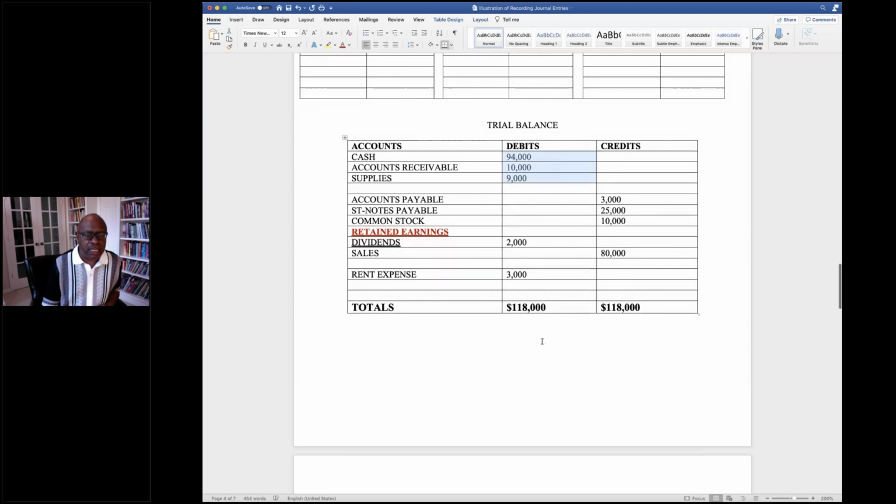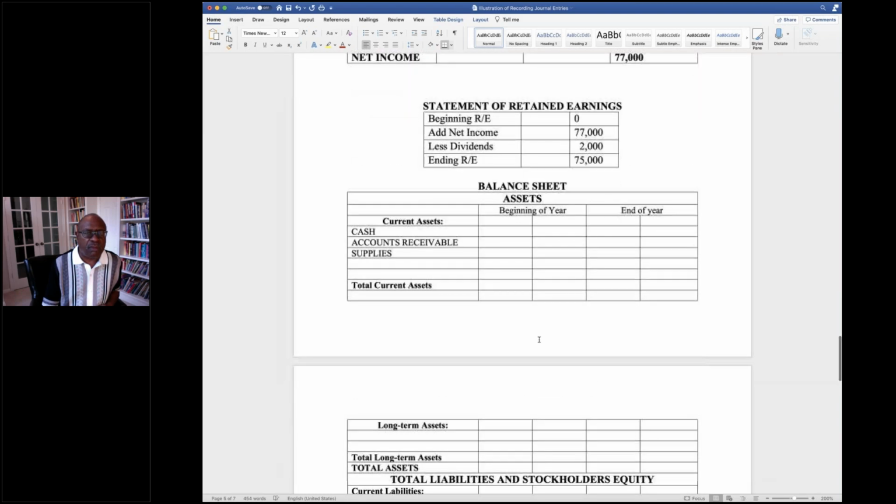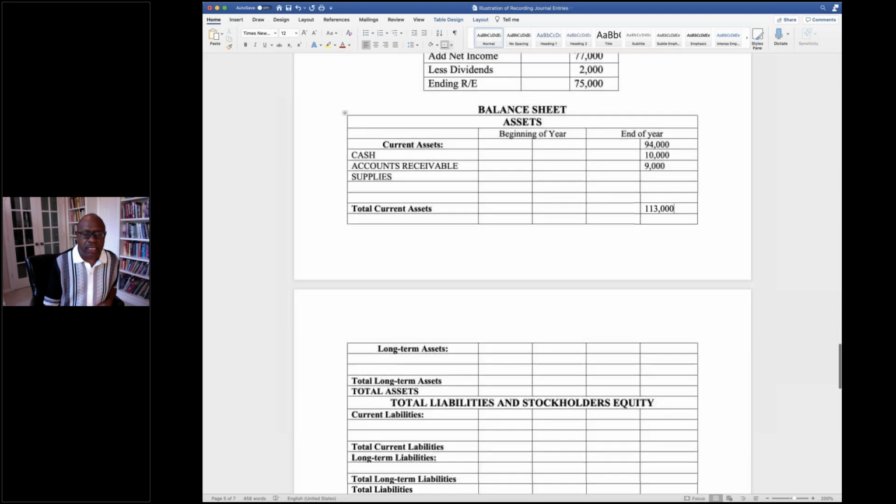So I'm going to copy these and put those here on end of the year. And then if we add the 94, the 10, and the 9, we'll find that our total assets are $113,000. That's all it takes to prepare a balance sheet. We don't have any long-term assets, so our total assets are $113,000.